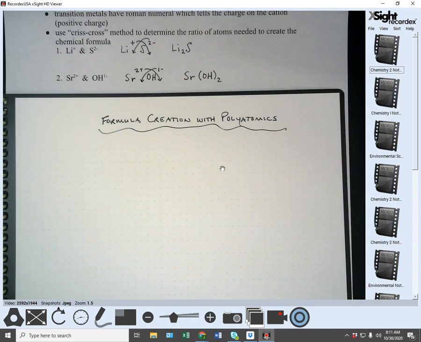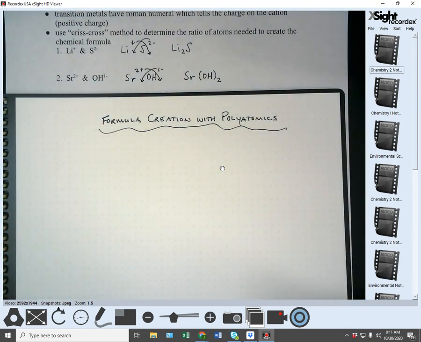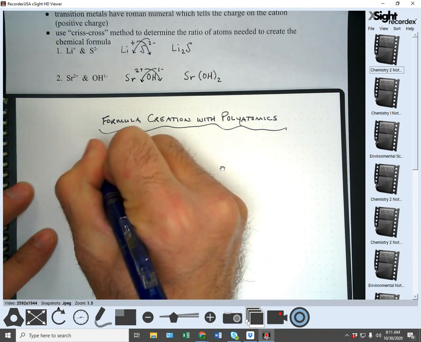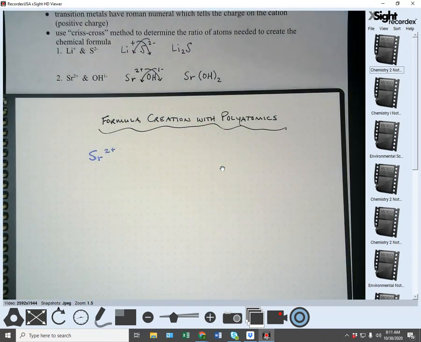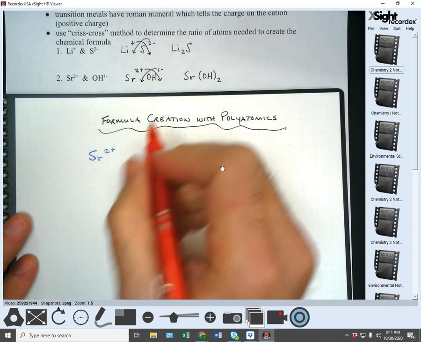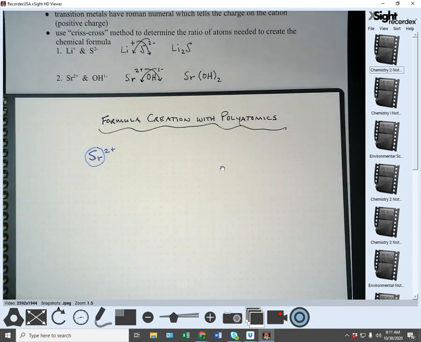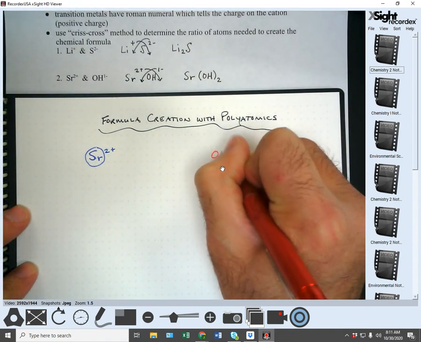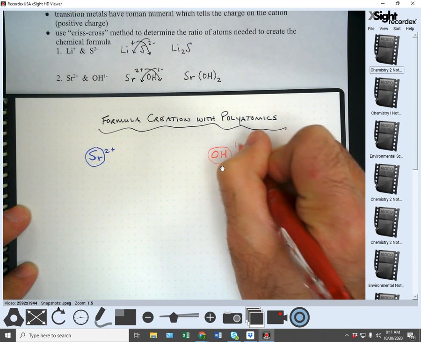What we have here is the Sr, and I'll use some different colors. The Sr is a 2 plus. 1 Sr is a 2 plus. The OH, as one thing, is a 1 negative.